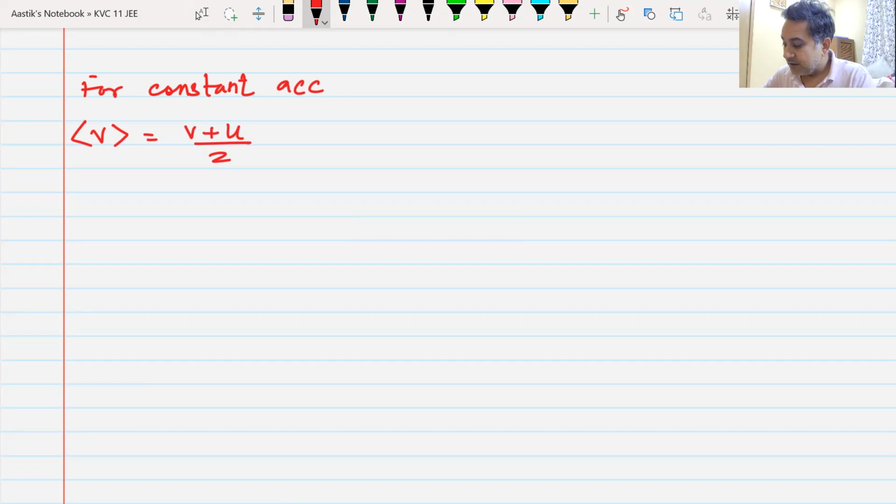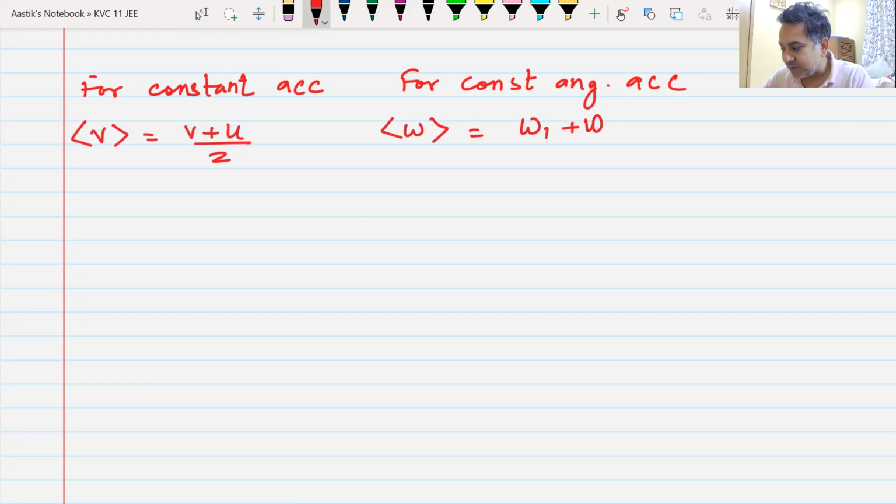Then similarly, for constant angular acceleration, I can write average angular velocity will be (omega 1 plus omega 2) by 2. Yes or no? If you had used this formula, you could have got the same answers very quickly.